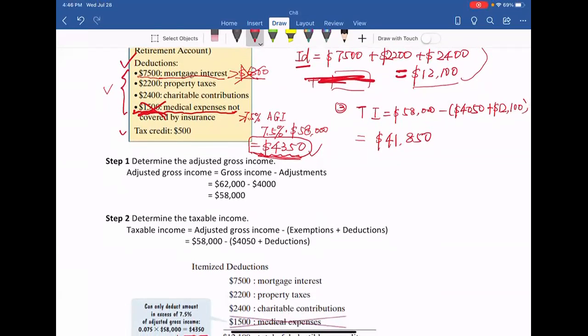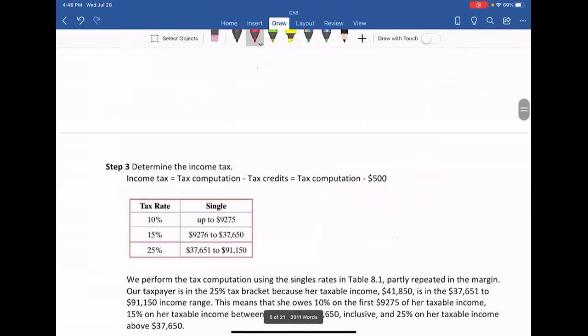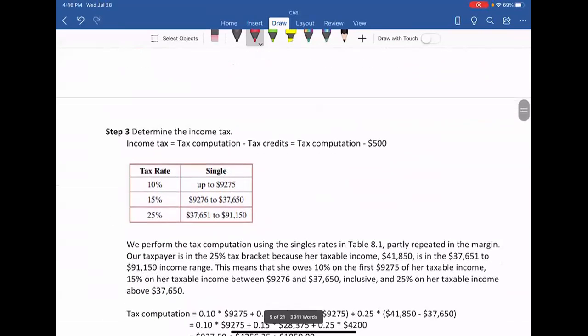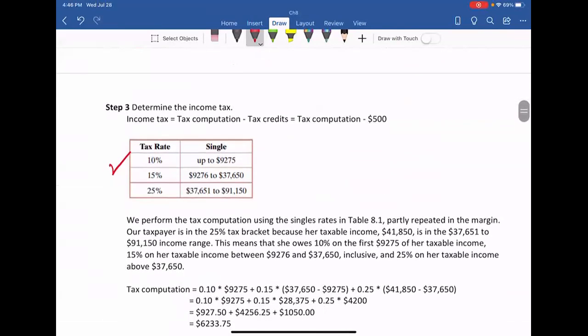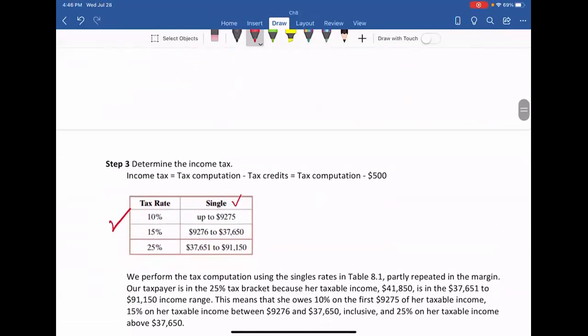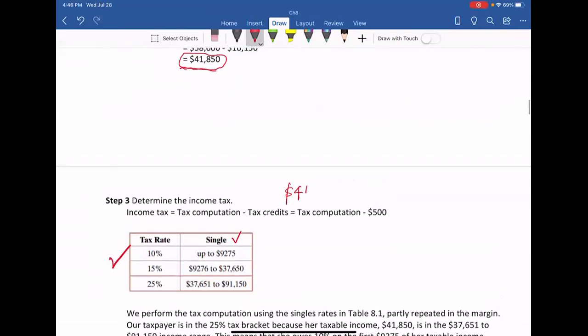And then the next step, we need to go back to the table to find the money we need to pay. Copy the table from the previous big table, because she's single and her taxable income is 41,850.